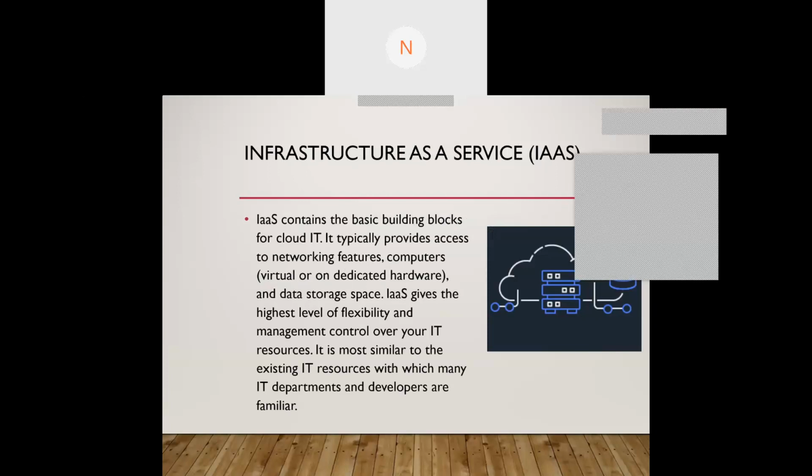The first one is infrastructure as a service. Now, what happens in infrastructure as a service? In an infrastructure as a service cloud, the entire infrastructure is given to the end user. So I'm a user who is trying to buy a part of the cloud, but I will need the infrastructure as well.